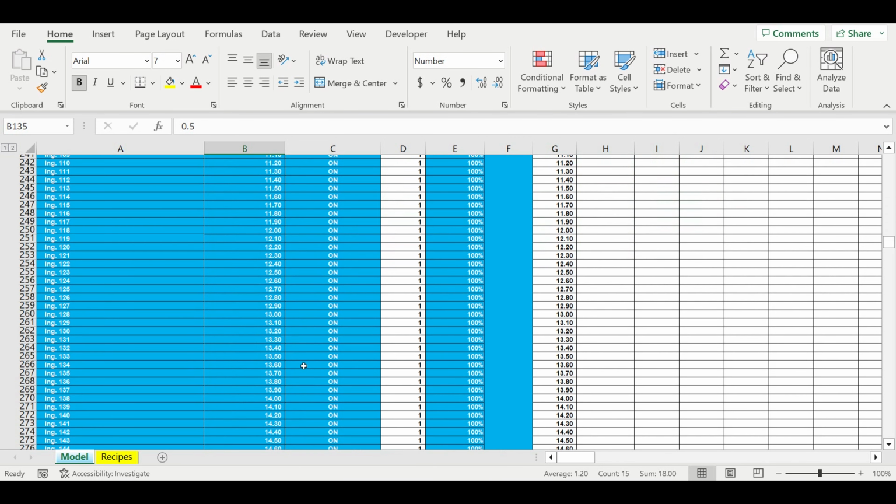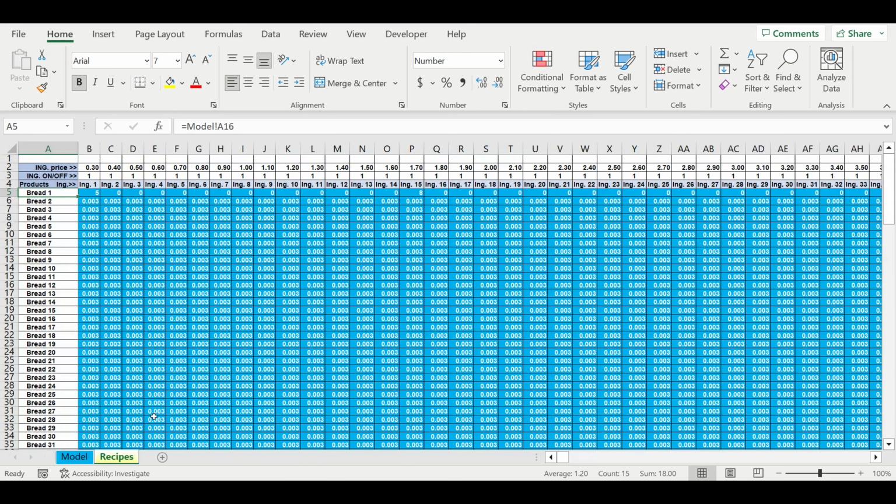So here we have the list of ingredients. Then on this tab, from top to the bottom, we have the list of products, different types of breads, cakes, and so on. From left to the right, we have different ingredients which participate in cooking the product line. And here we specify the consumption in natural units of this ingredient, how many units of this or that ingredient we need to cook one unit of product.